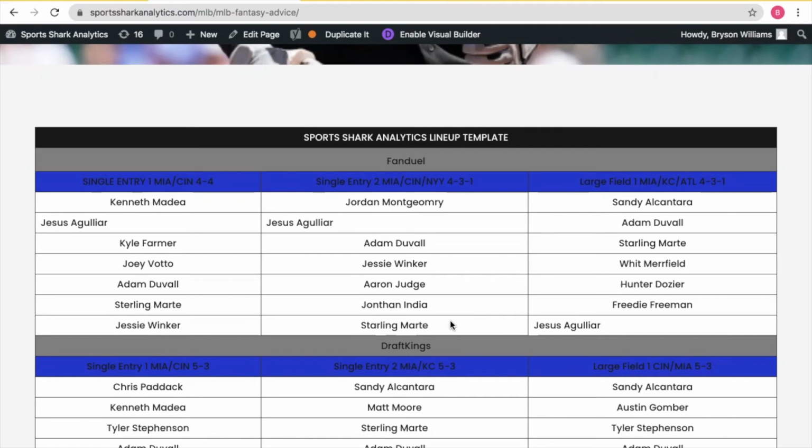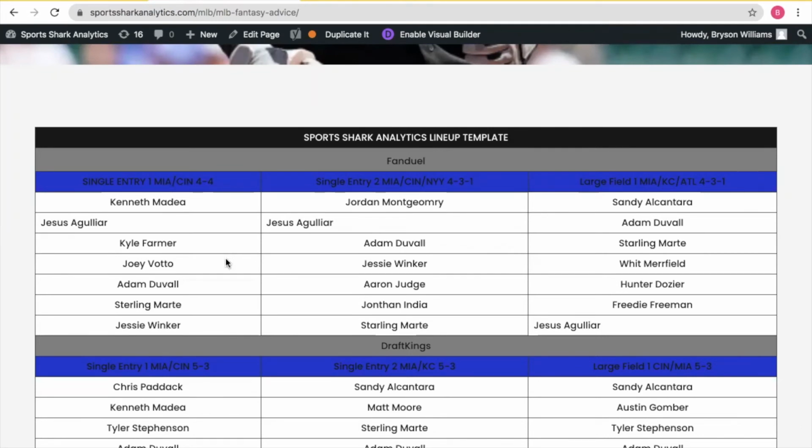These are the exact players that we're centering our lineups around and who will be in our lineups when the slate locks. So for instance, if you were following the lineup strictly off what we recommend, you will see that we recommended a Miami, Cincinnati 4-4 stack.